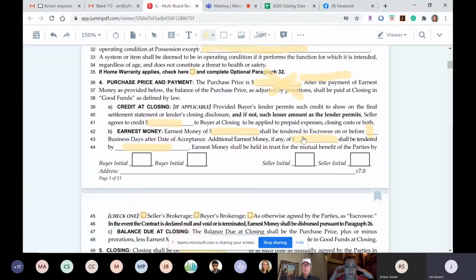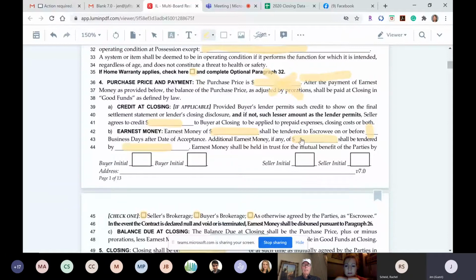So once we have a final contract, that's when the balance of additional earnest money is going to be due. Okay. So this first one comes without any hooks attached. The second one, your buyer should have an idea of how much cash they're willing to put up as a placeholder.